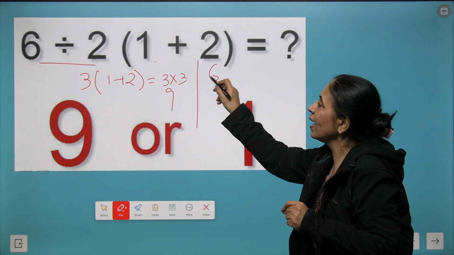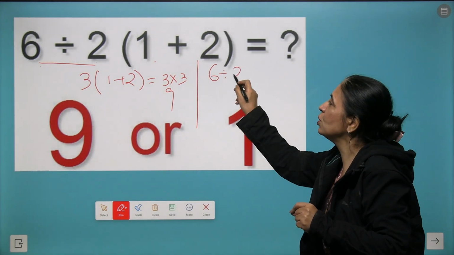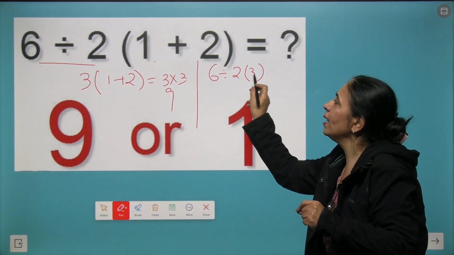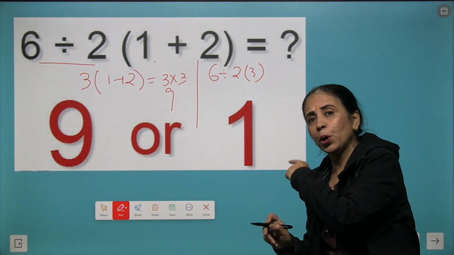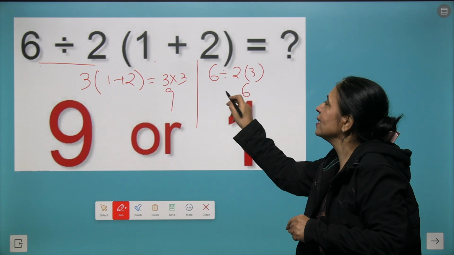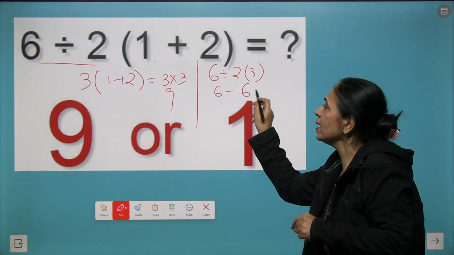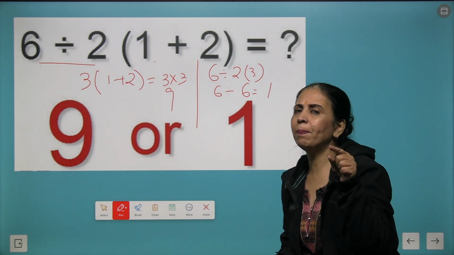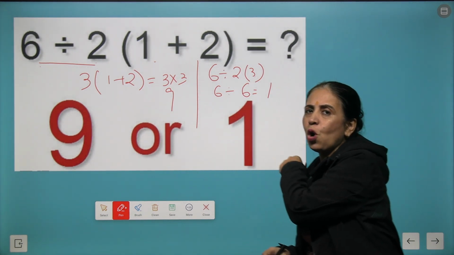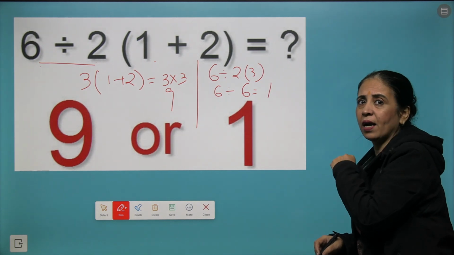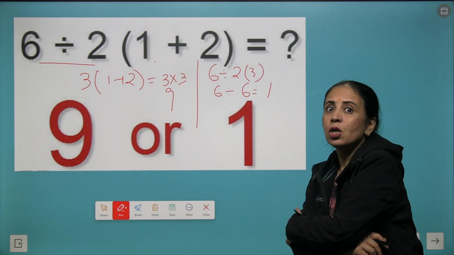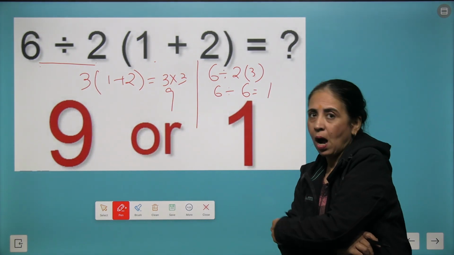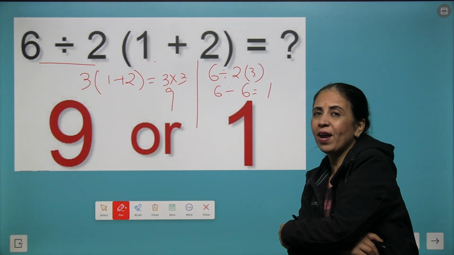He wrote 6 divided by 2 and here in bracket it is 3. Let's multiply 2 and 3. What do you get? He said it is 6 divided by 6. His answer is 1. Now can you help me to know which of these friends is correct? I am shocked. Both of them have done the same calculations, but how is the answer coming different?